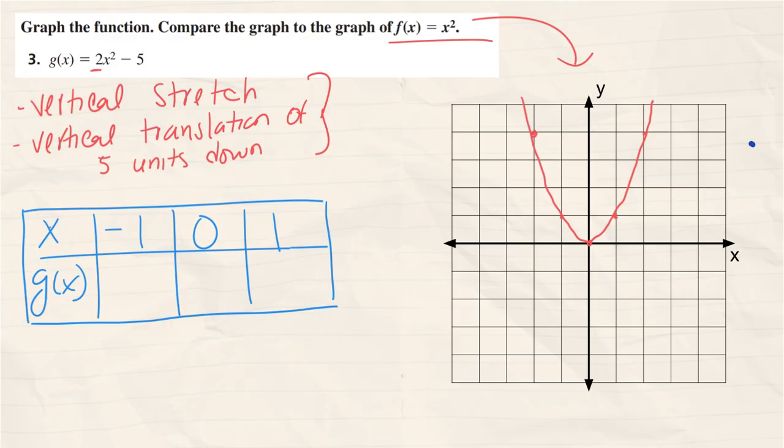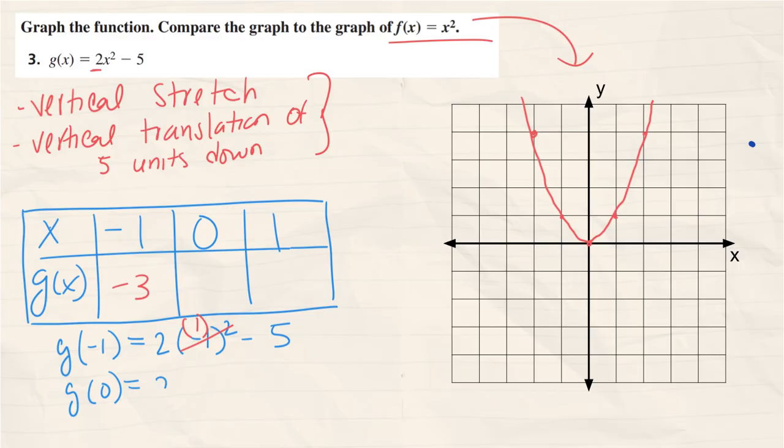So we're going to have g of -1 equals 2 times -1 squared minus 5. I know that this gives me 1. 2 times 1 gives me 2, minus 5 gives me -3. If I have it with 0, g of 0 is going to be 2 times 0 squared minus 5.